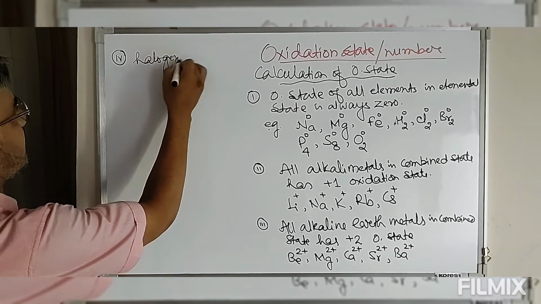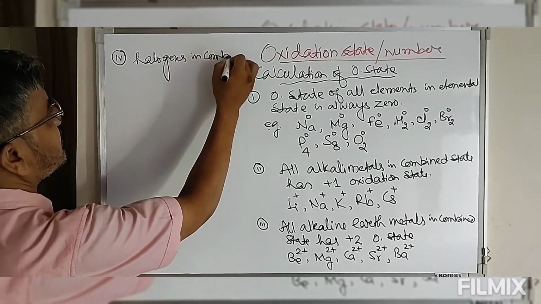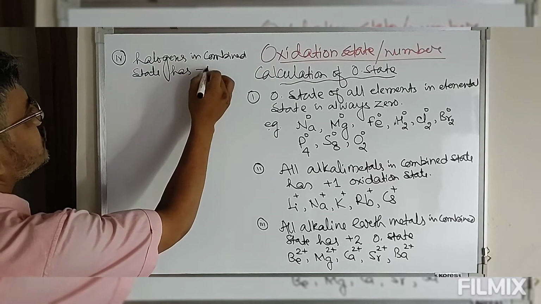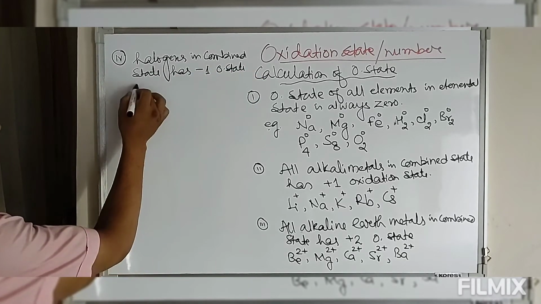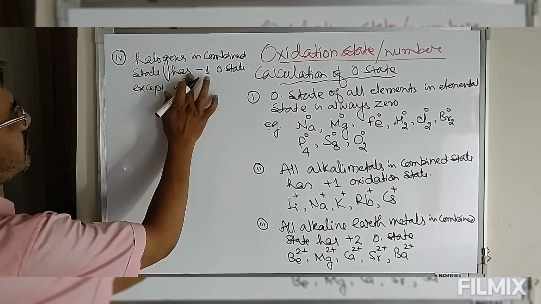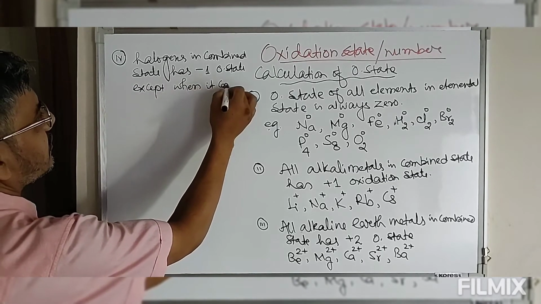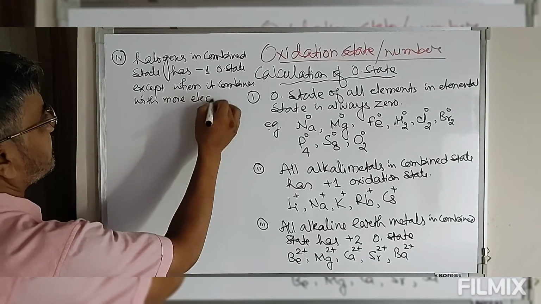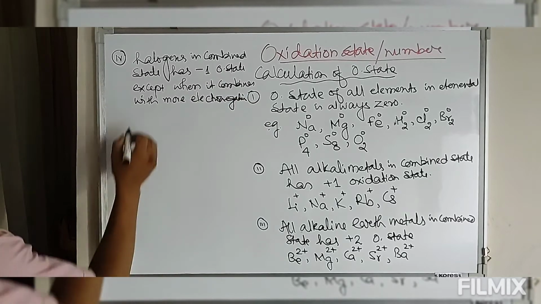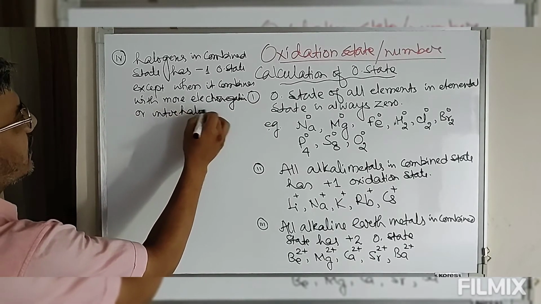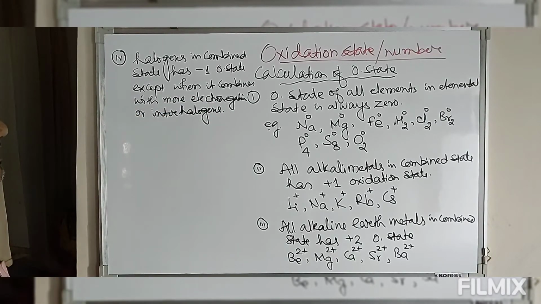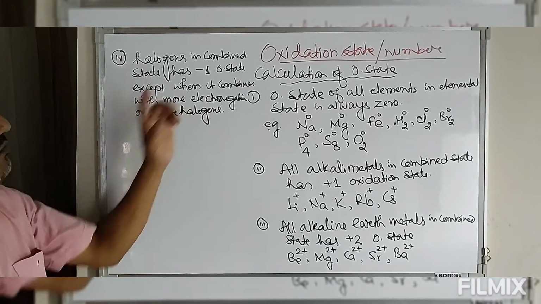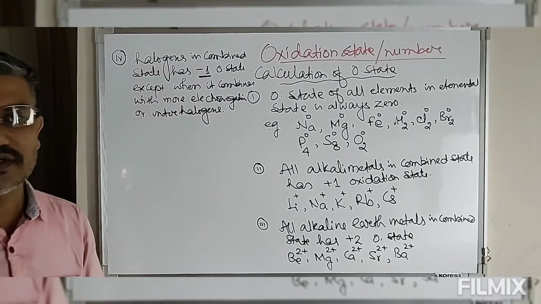Halogens in combined state have -1 oxidation state, except when they combine with a more electronegative element, or in interhalogens. Except for interhalogens, or when the halogen combines with a more electronegative atom, all these halogens will show -1 oxidation state, and this is what we call halide ions.